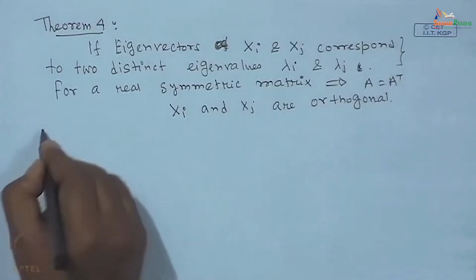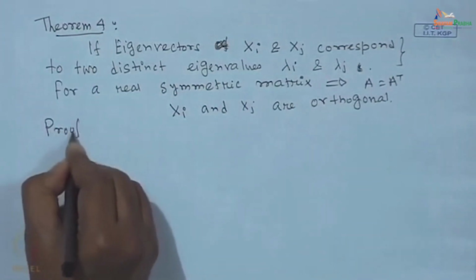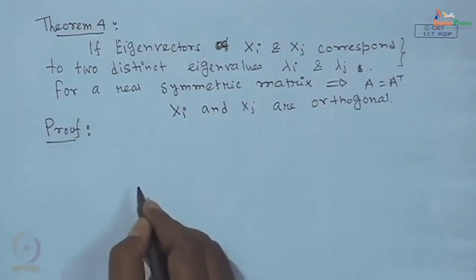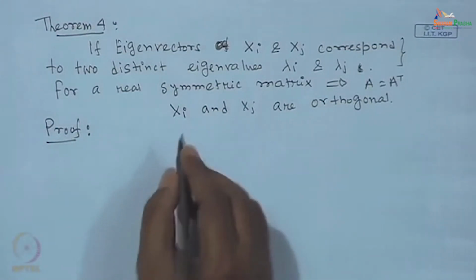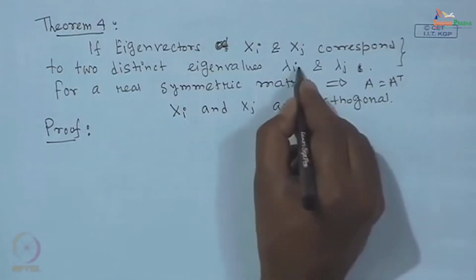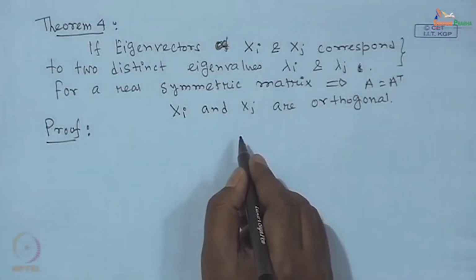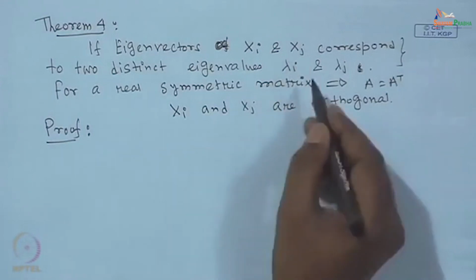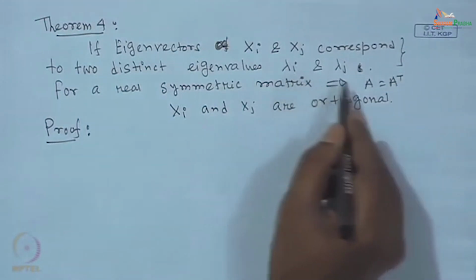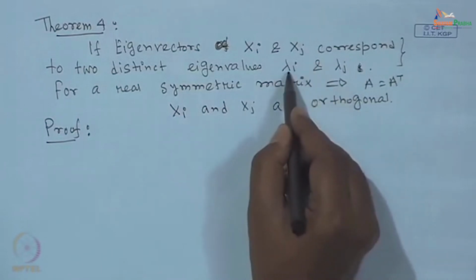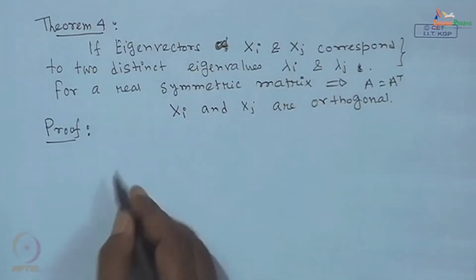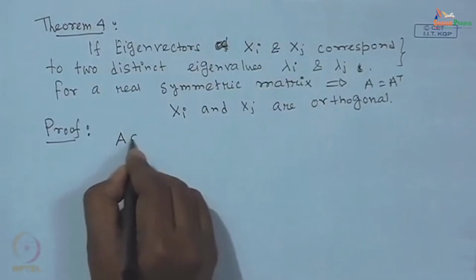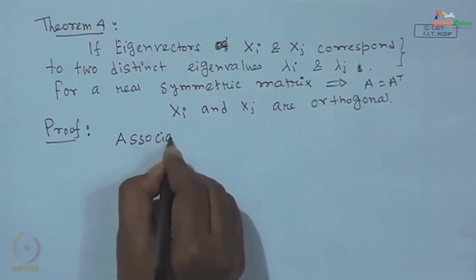So, we prove this theorem, and the proof goes like this. Let us say lambda I and lambda j are two distinct eigenvalues, and the corresponding eigenvectors are x I and x j. Let us write down the associated eigenvalue problems linked with the eigenvalues lambda I and lambda j.